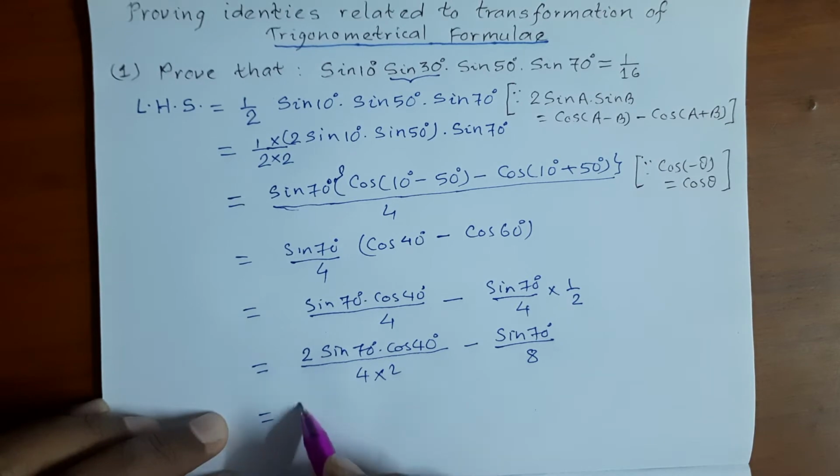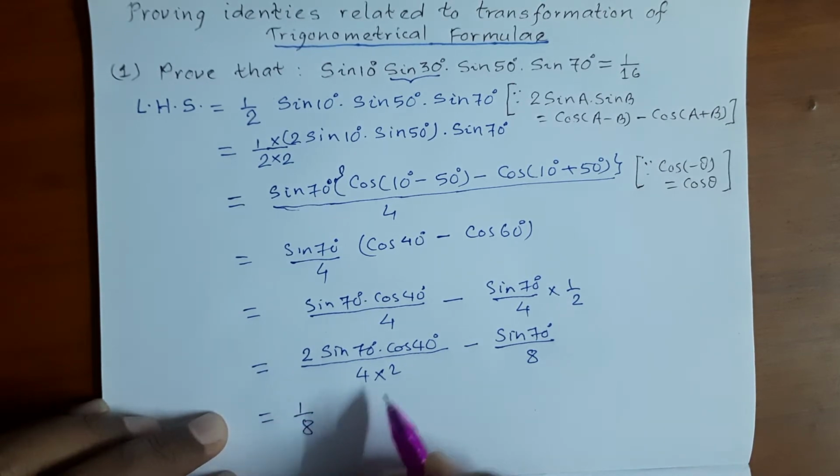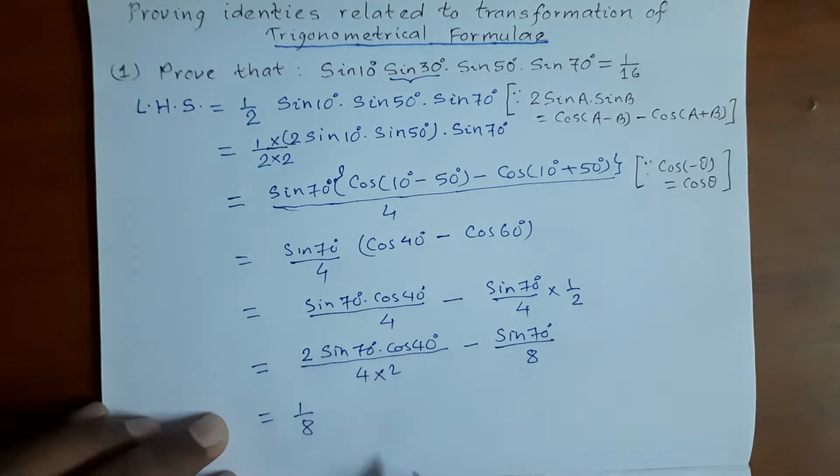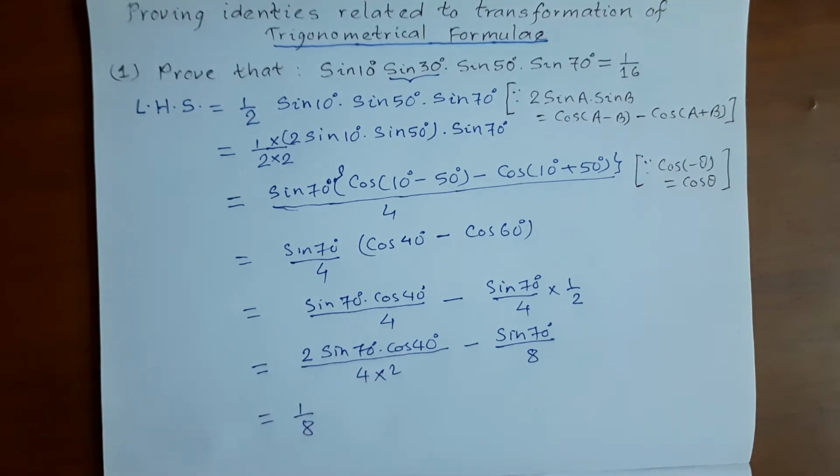Now this 1 over 8 we can write first, and the 2 sin A cos B formula can be used.